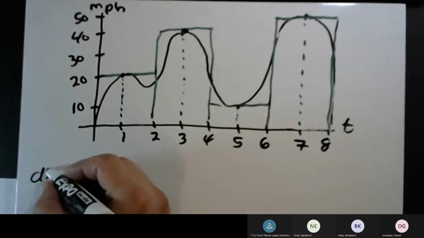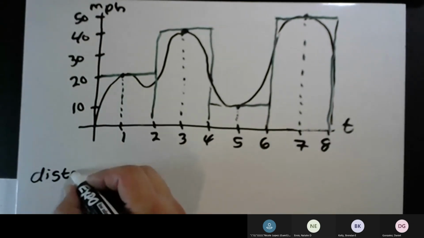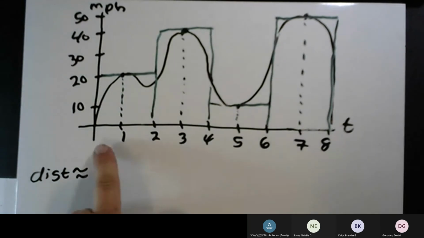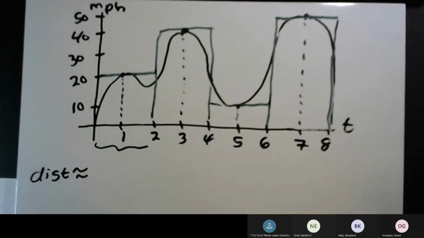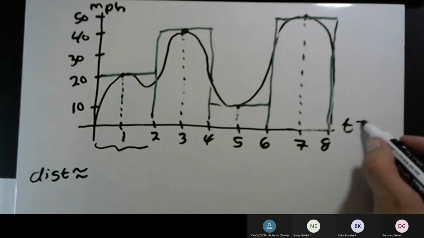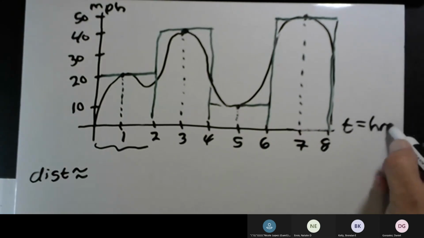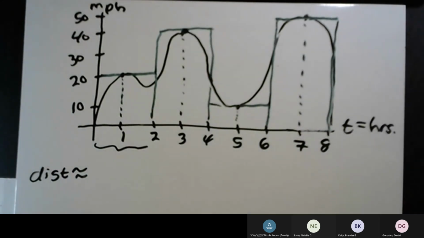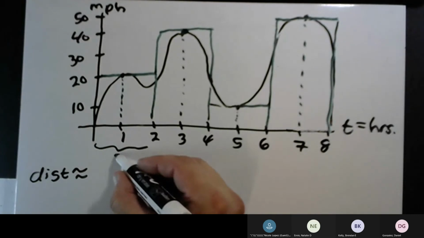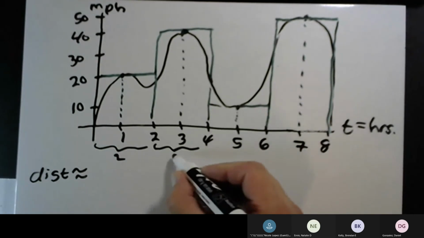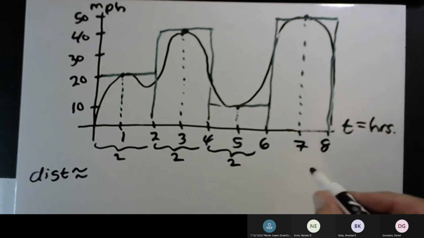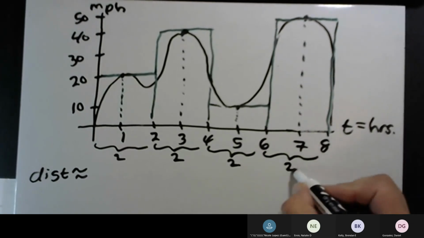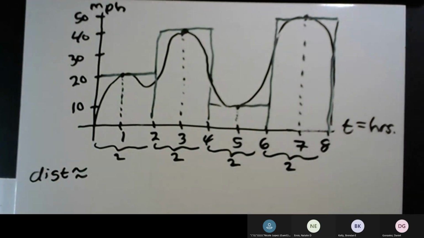So in this case, the distance is approximately, now let's look at the base. The base is each of these rectangles. Let's say this is hours. It's going to be 2 hours, delta t of 2 hours, delta t of 2 hours, delta t of 2 hours.